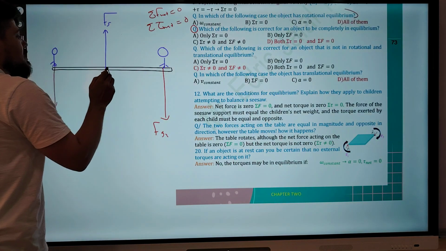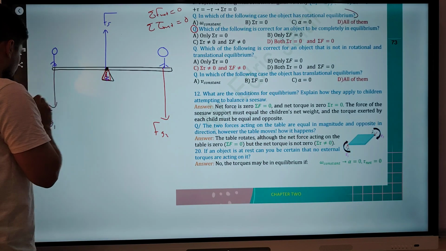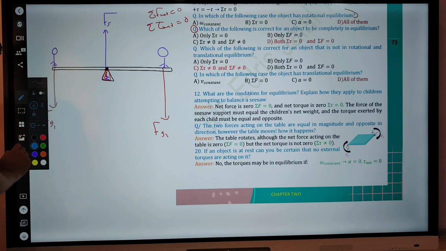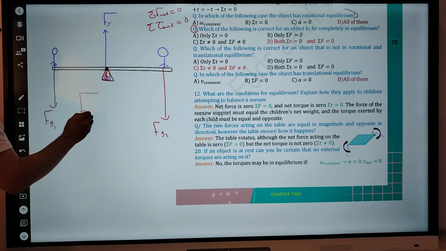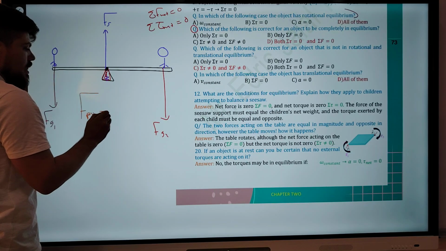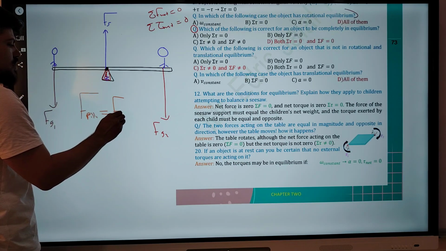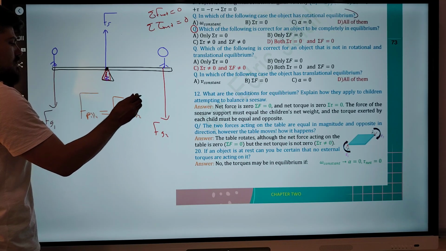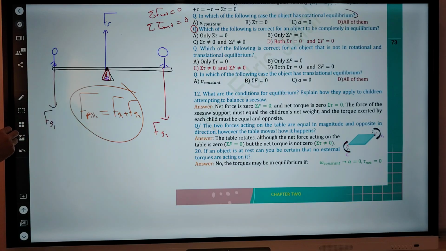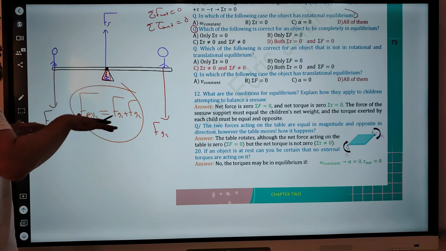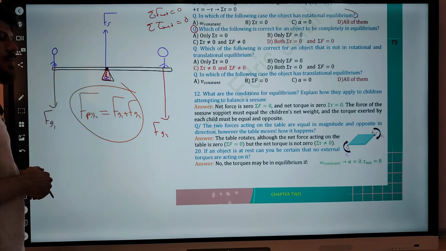But the force exerted by the pillar, or pivot, should be equal to what? The two forces of the children, Fg1 plus Fg2. So in that case, these forces are in opposite directions.